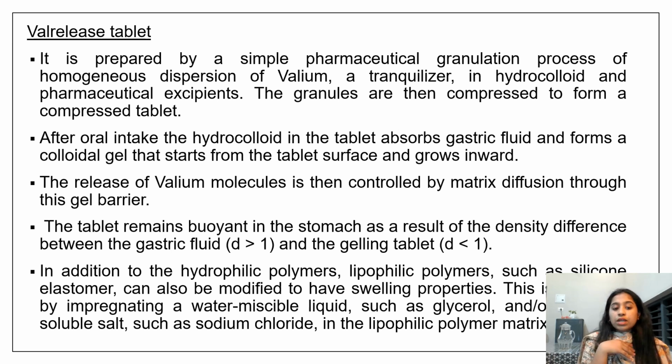In addition to these hydrophilic polymers, lipophilic polymers such as silicone elastomers can also be modified to have swelling property. This is achieved by impregnating a water immiscible liquid such as glycerol, or a water soluble salt such as sodium chloride, in the lipophilic polymer matrix.